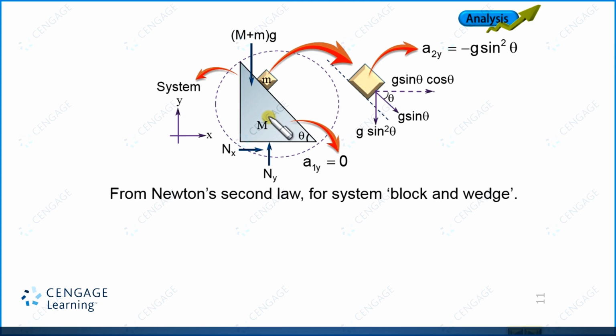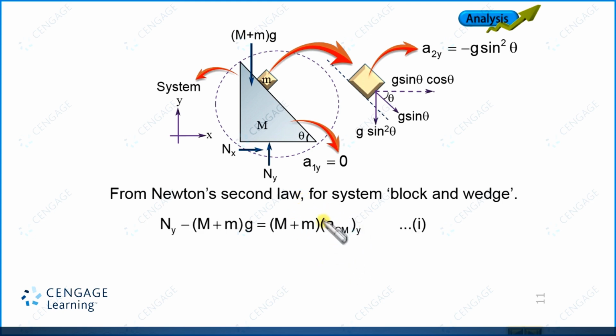Okay, but we do not have any guarantee about the motion of the center of mass. So let us assume the center of mass is moving in the upward direction. If we consider this, we can write the equation Ny minus (capital M plus small m) multiplied by g equal to (capital M plus small m) multiplied by the acceleration of the center of mass in the y direction.